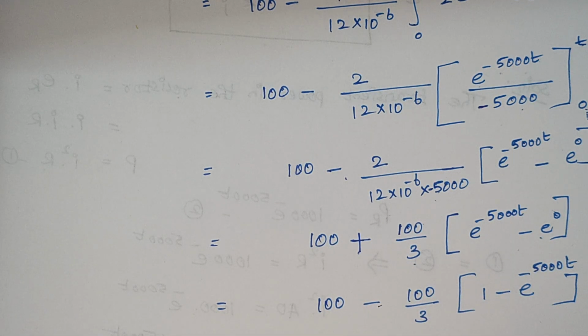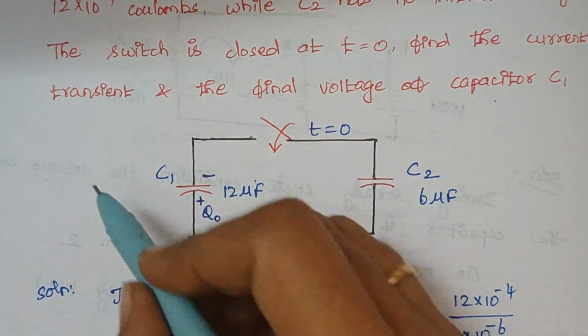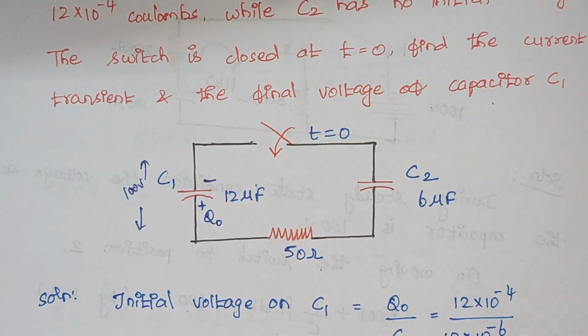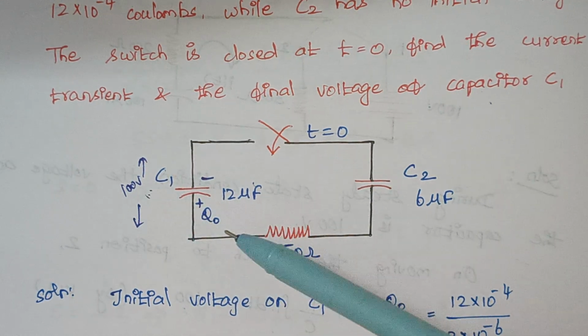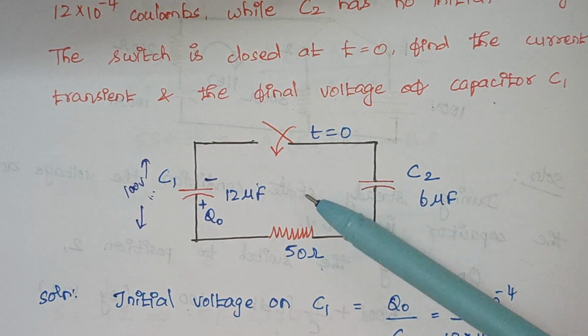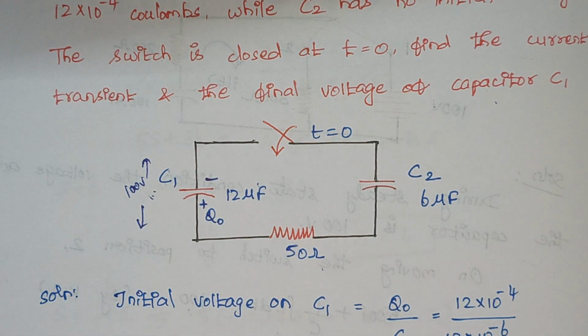When you observe keenly, the initial voltage across this capacitor is 100 volt. Once this switch is closed, this automatically acts as a source of voltage, and because of this 100 volt, there is a current that flows through this circuit. So the final voltage should be either less than this 100 volt or greater than this 100 volt. You just make a guess.